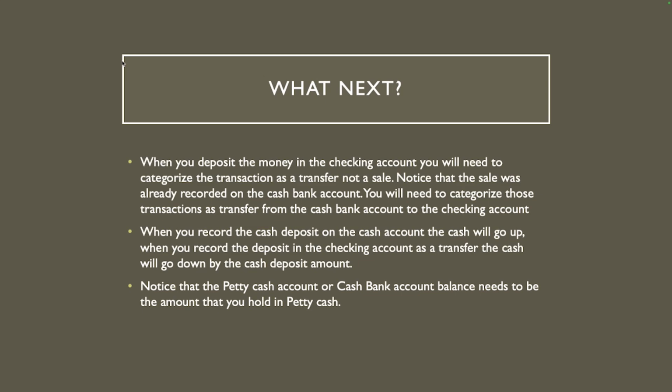All right, so what next? When you deposit the money in the checking account, you will need to categorize the transaction as a transfer, not a sale. This is very important, because a lot of people will have those transactions in undeposited funds sitting over there, and I've seen pages and pages of undeposited funds due to Square transactions that were accepted but never deposited.